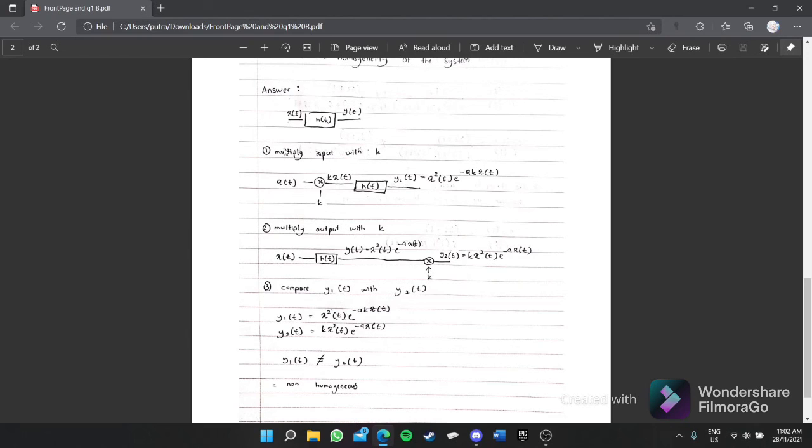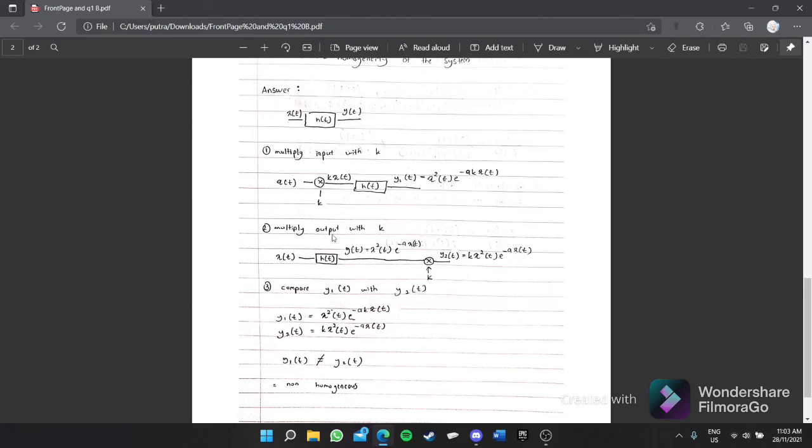As we know, when we multiply the input with k, the multiply operation k must be before h(t).